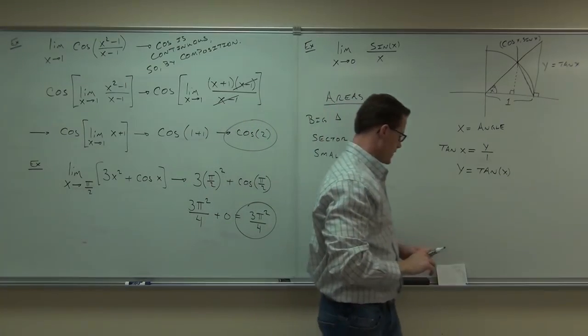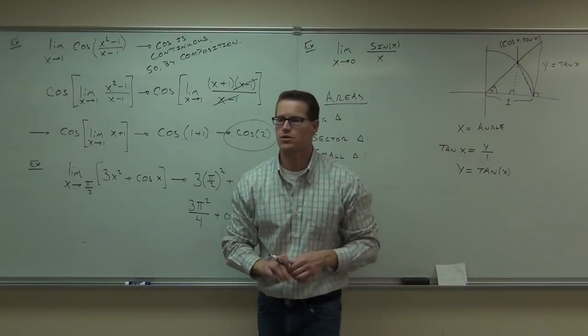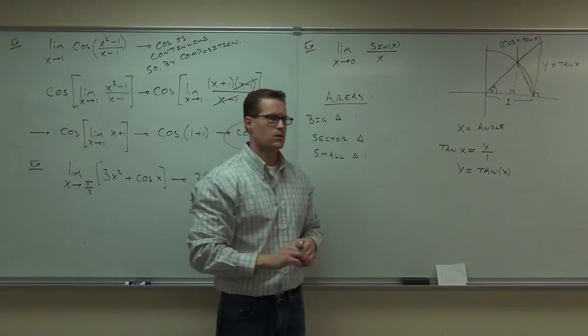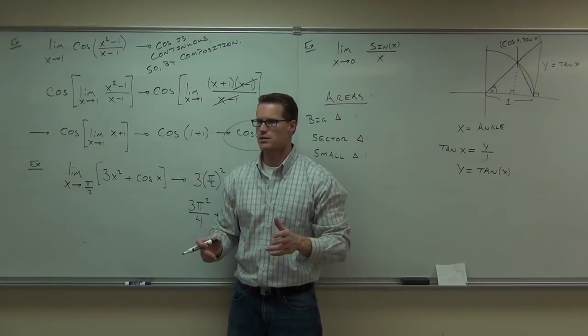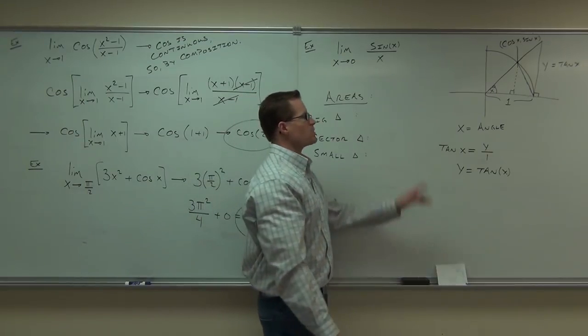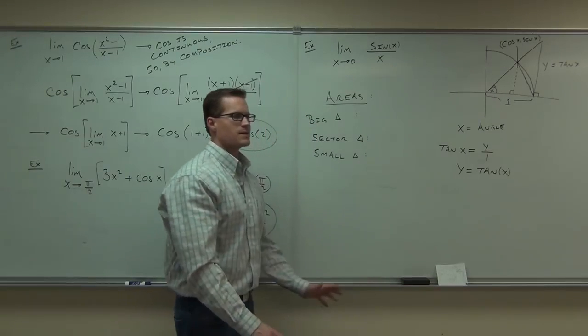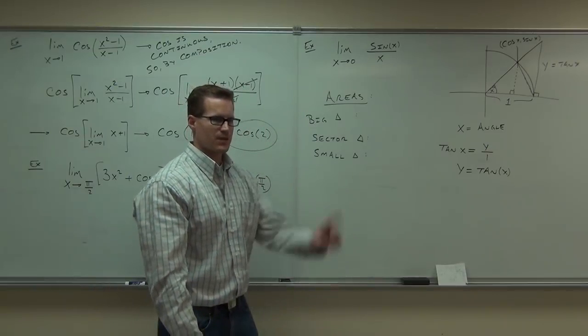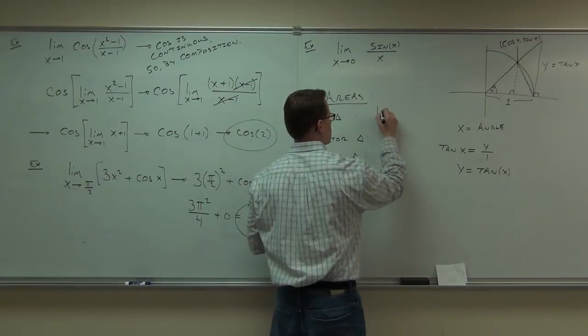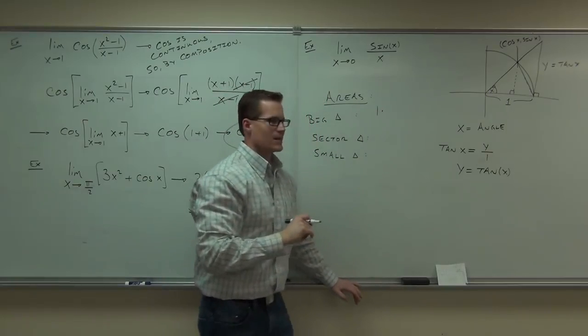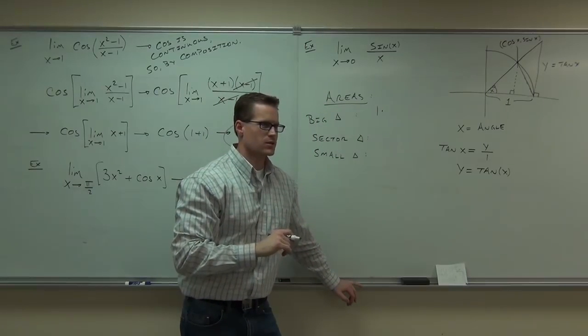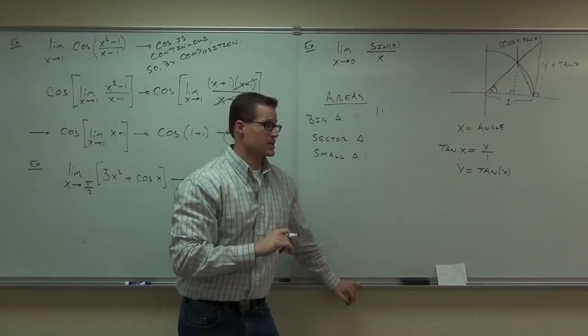Can you tell me how you find the area of a triangle? What's the area of a triangle? 1/2 base. Or base times height over 2, yes? 1/2 base times. Let's look at the big triangle. What's the base? Base is 1. Very good. Times. What's the height? Instead of y, tan x.